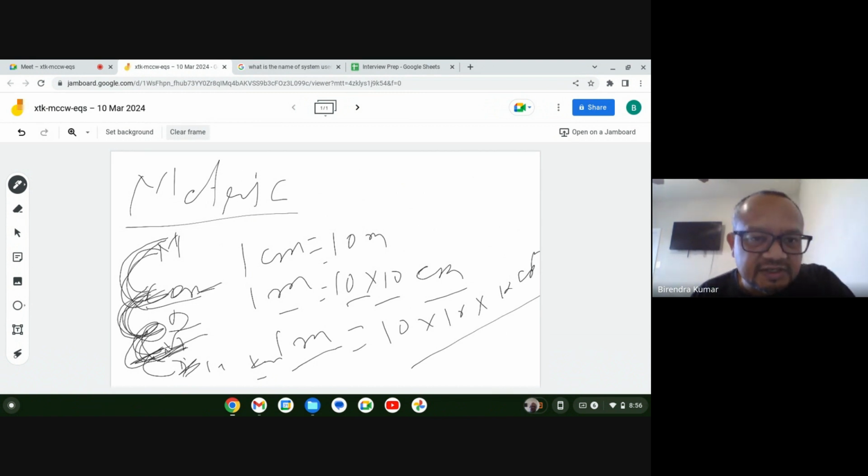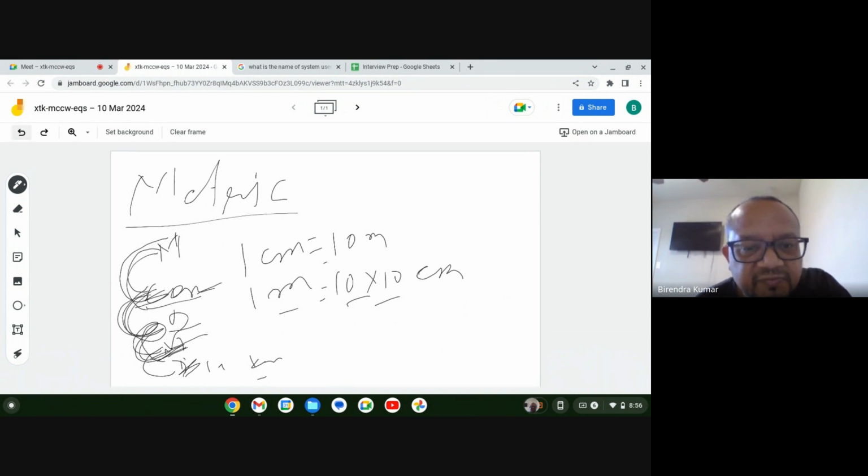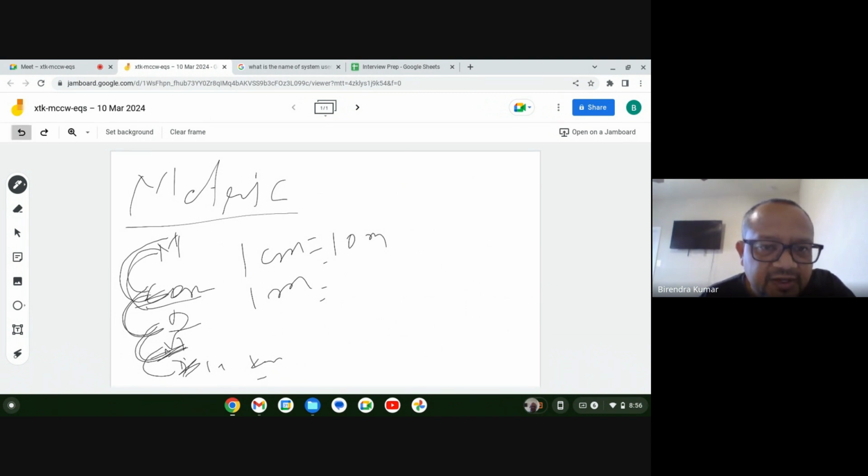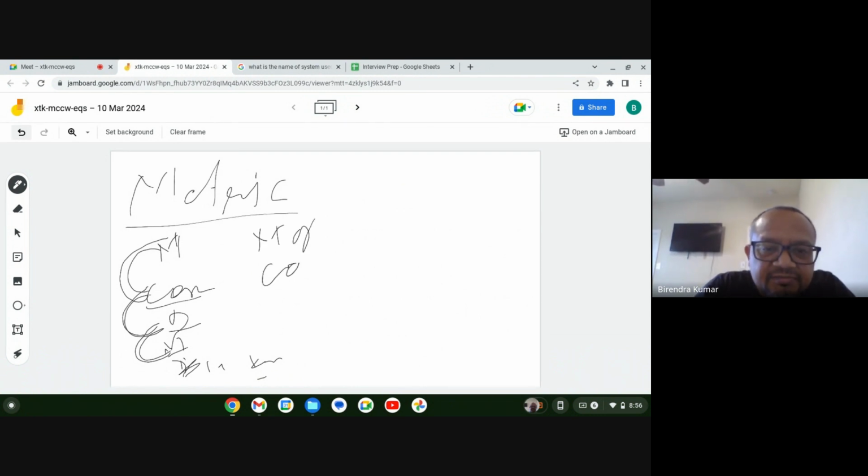So this was for distance, and the same thing can be related for weight and volume also. For weight, it became gram instead of meter: milligram, centigram, decigram, gram, decagram, hectogram, kilogram.